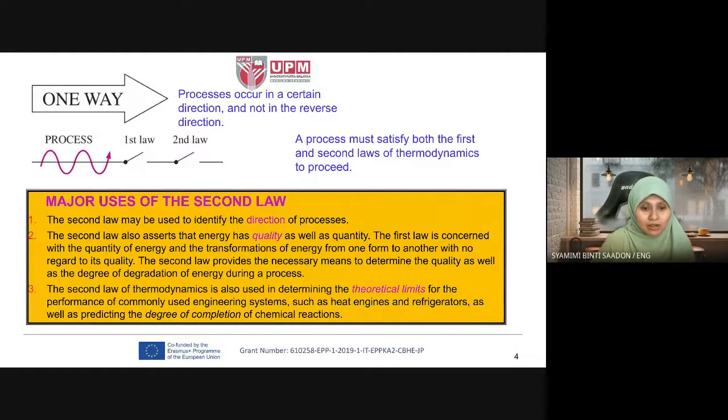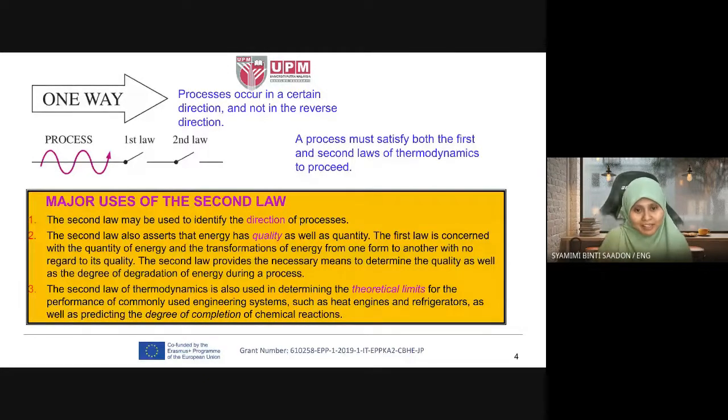The second law of thermodynamics is also used in determining the theoretical limits for the performance of commonly used engineering systems such as heat engines and refrigerators, as well as predicting the degree of completion of chemical reactions. Later on we will see some thermodynamic cycles, some of which concern the heat engine, heat pump and refrigerator.